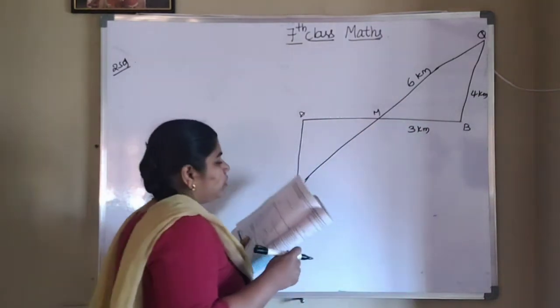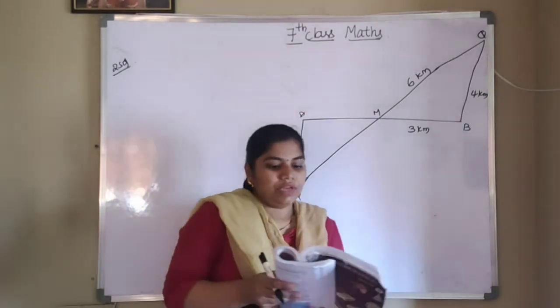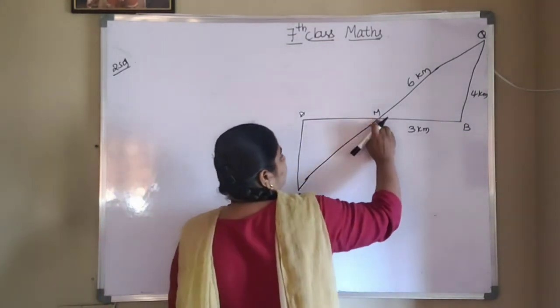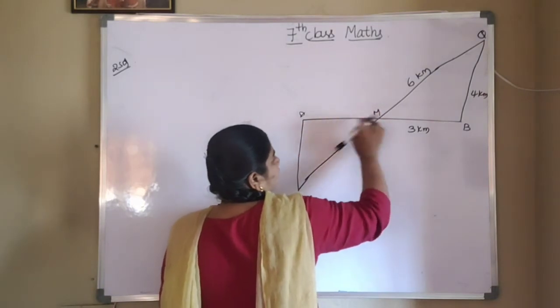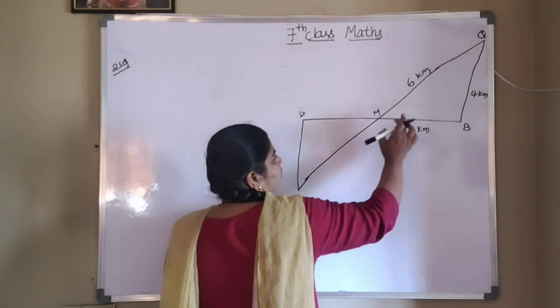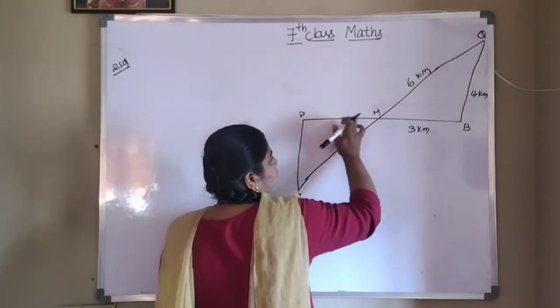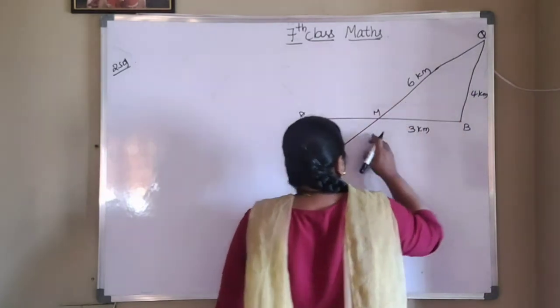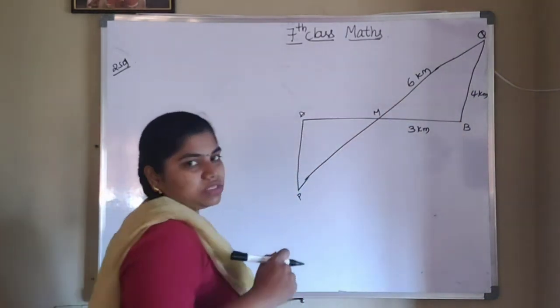So what did they tell? Village M lies exactly halfway. Halfway means these two sides will be equal. Okay, halfway means it is exactly divided into half. So if this value is 3, this will also be equal to 3. In the same way, if it is 6, this will also be equal to 6.